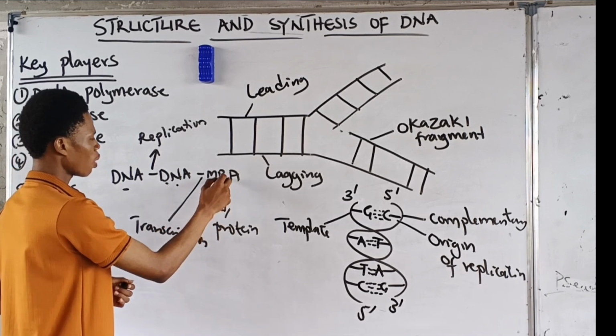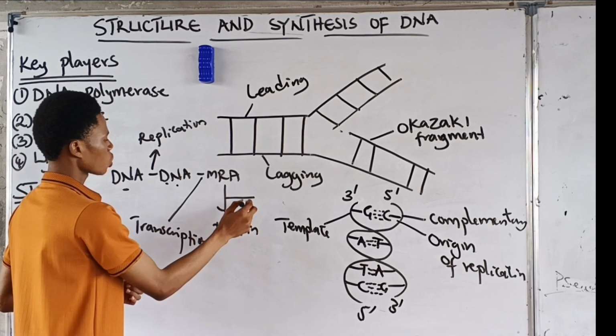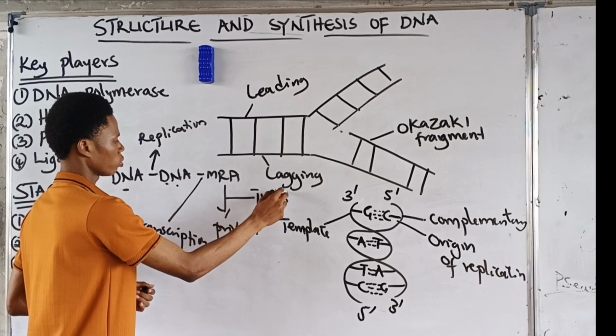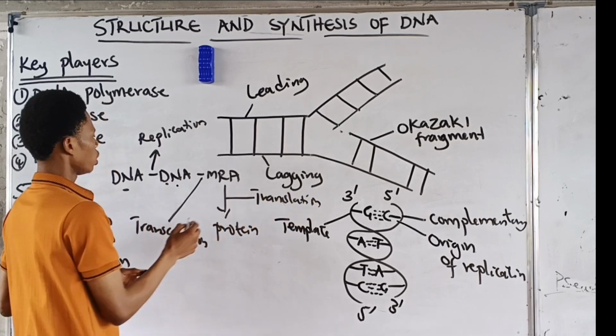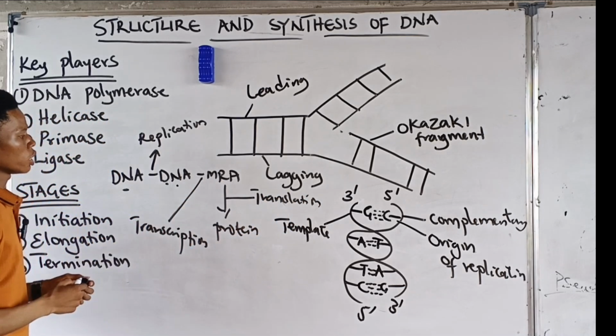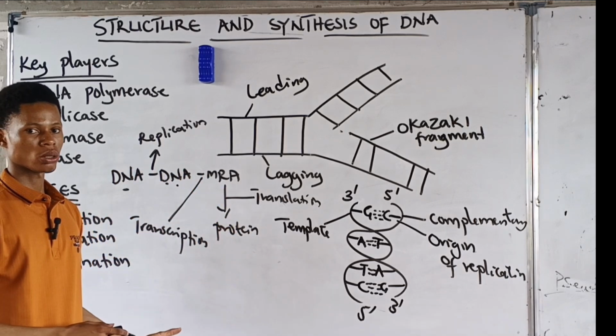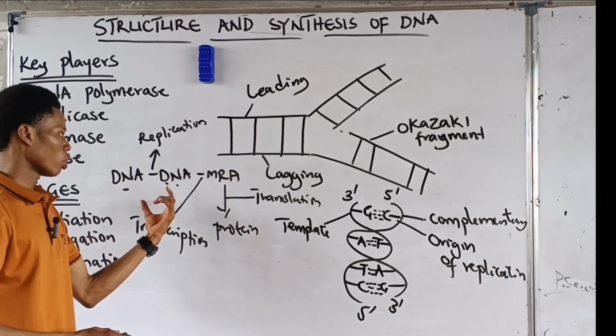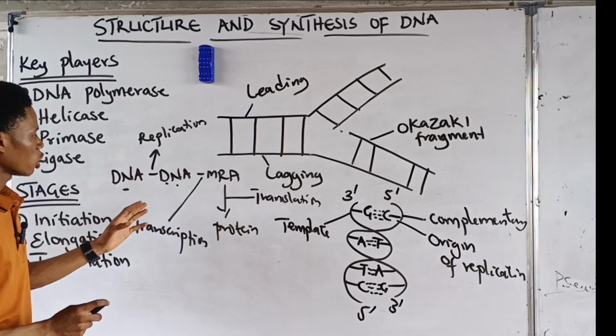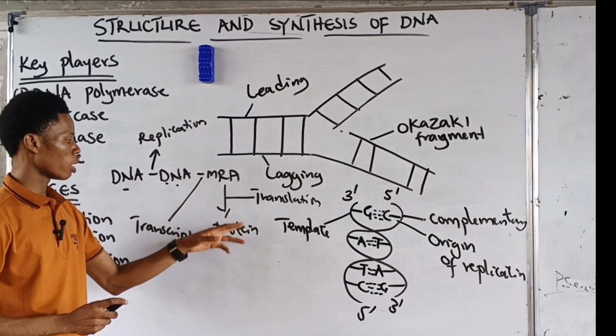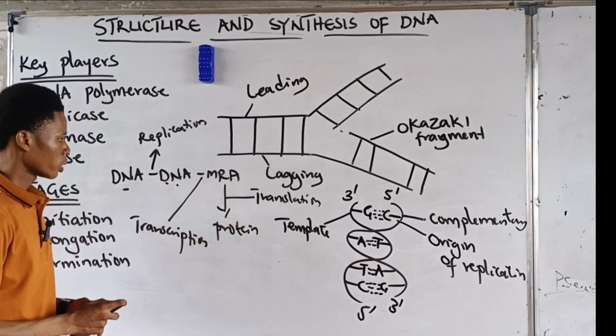And from mRNA to protein is called translation. This DNA to mRNA to protein is what we call the central dogma of molecular biology. So if you are asked for the central dogma of molecular biology, it is DNA to mRNA to protein.